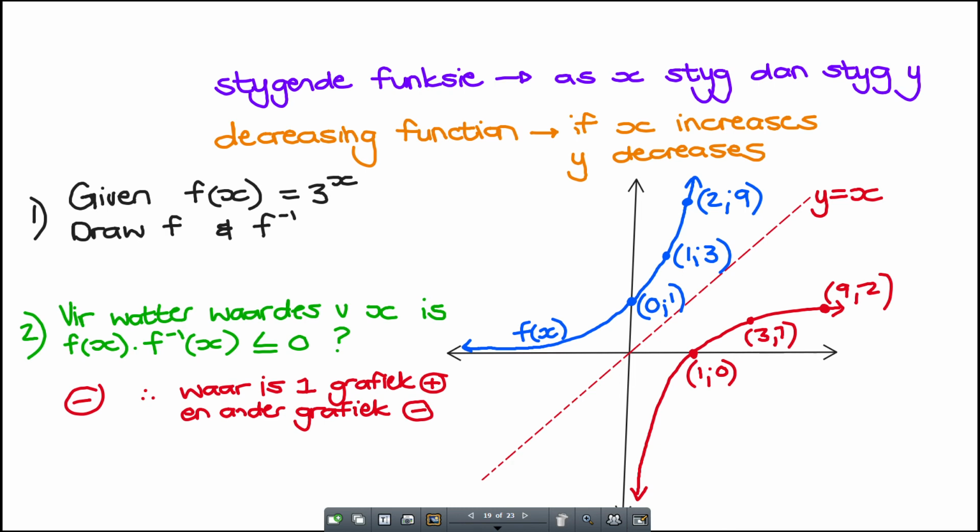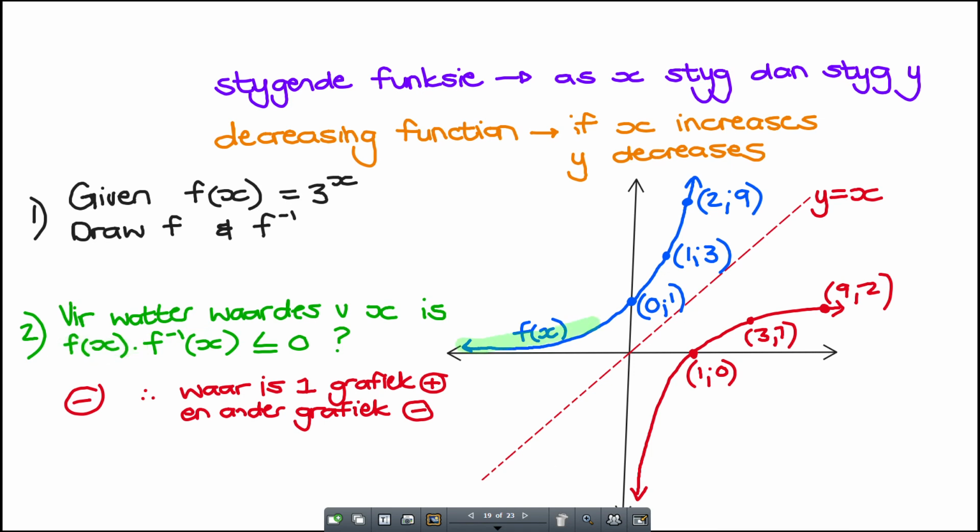Now, if I talk of positive and negative, am I talking about x values or y values? What is f(x)? The y value. So I'm using the y values of f(x) and the y values of that inverse graph. Are you with me? Okay, now look here.